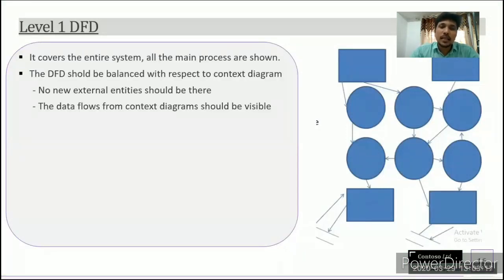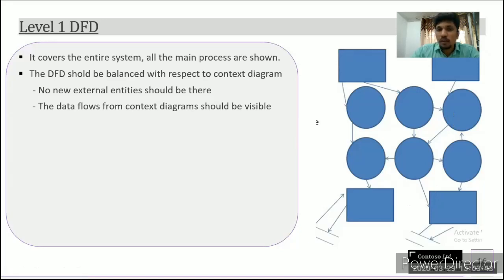Level 1 DFD is a higher level data flow diagram. It notates many sub-processes that together form the complete system, and it gives an overview of the system. As you can see here, it comprises the same four external entities as earlier.